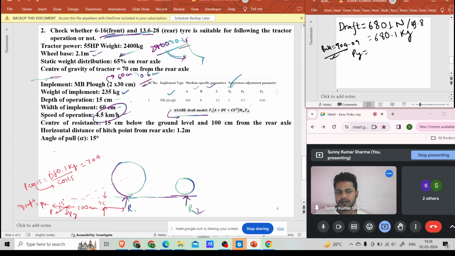Py is P sin 15. The weight coming is W at a distance of 70 centimeter.